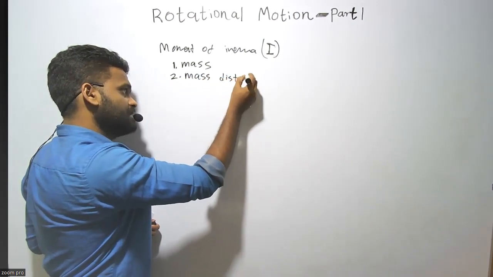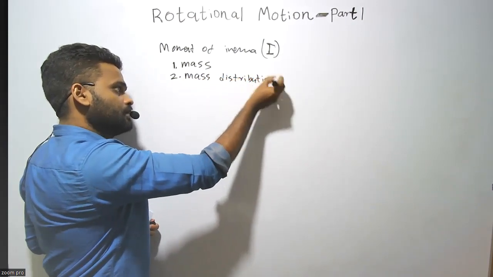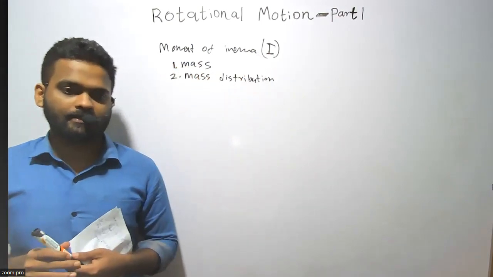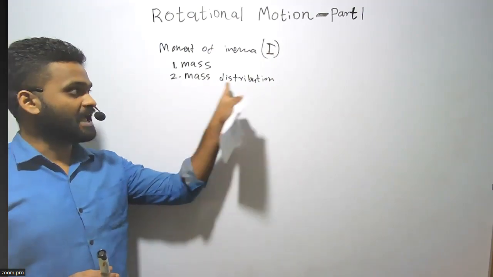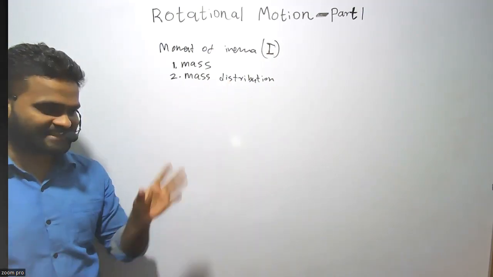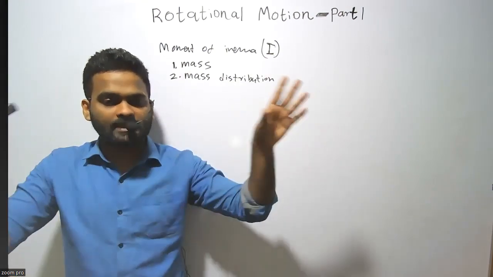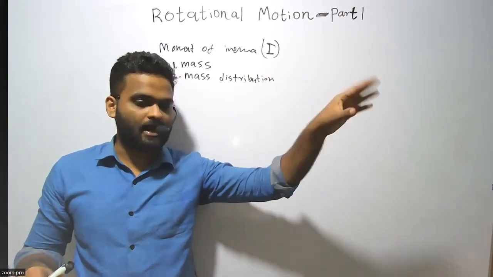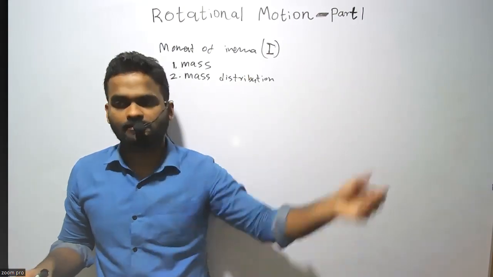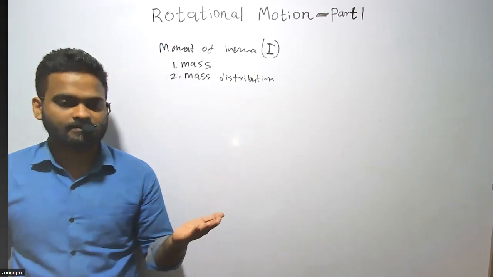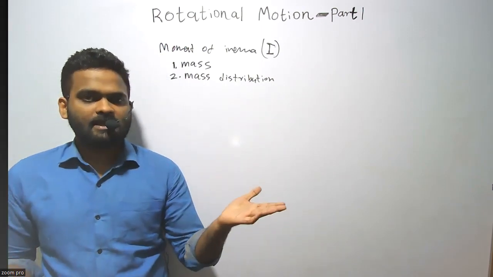We'll see what it means, right? Both affect moment of inertia, capital I. You can take it down: mass and mass distribution. Mass distribution is where those masses are located and how they are distributed around the rotational axis of that object. So that matters. For linear motion it didn't matter, it's just mass.